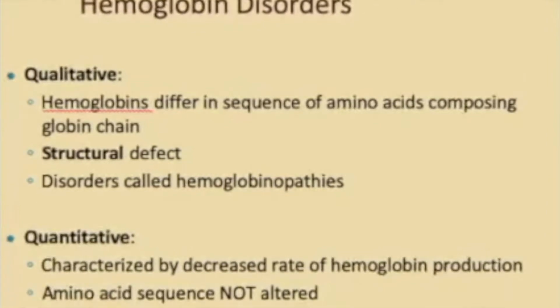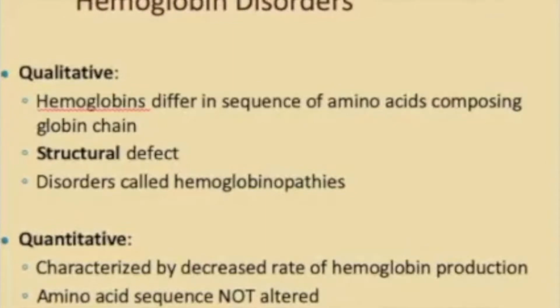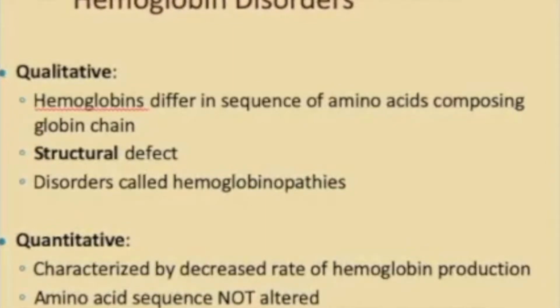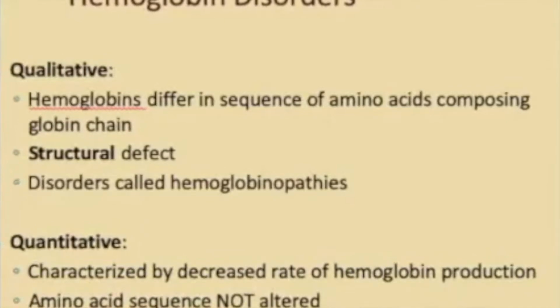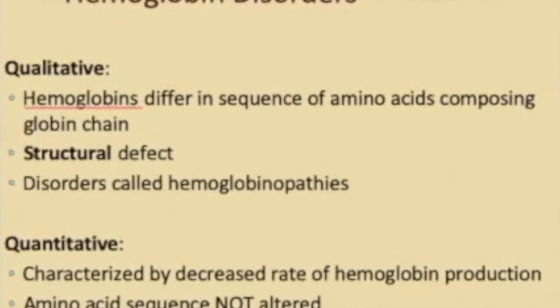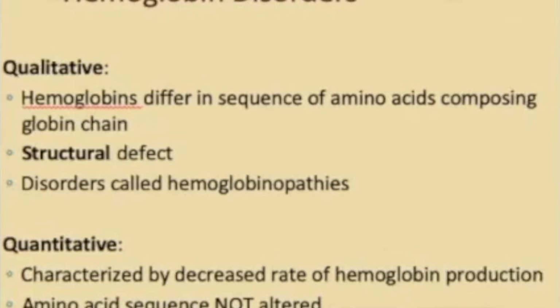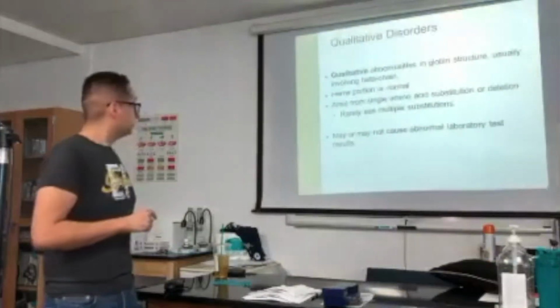So we're not making enough of one of the chains, which makes it a quantitative disorder, not a qualitative one. The quantitative disorders, we identify as thalassemias. That's going to be the next lecture that we're going to discuss next class. Today we're just going to focus on the hemoglobinopathies.